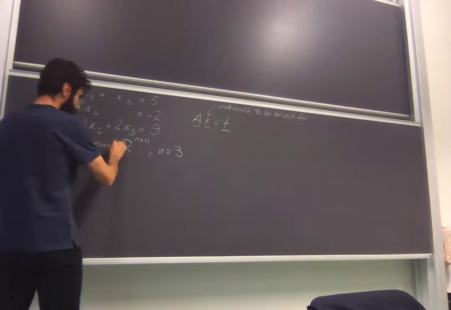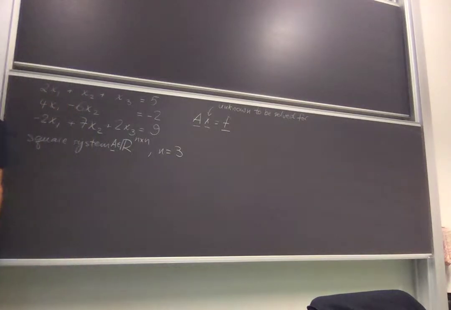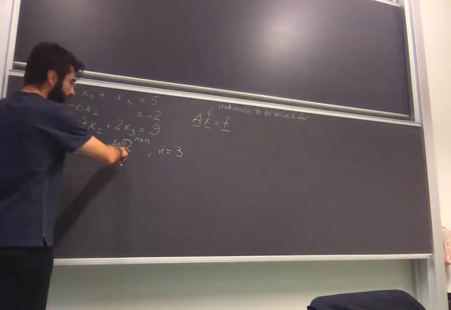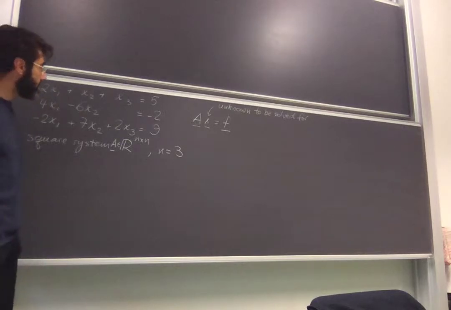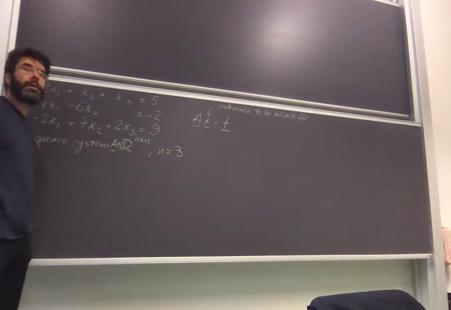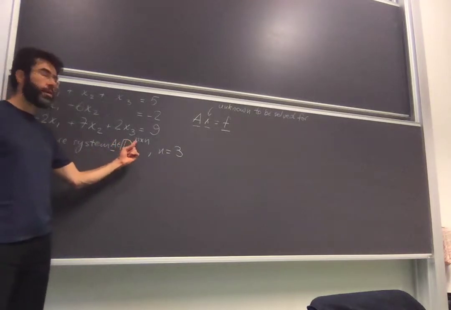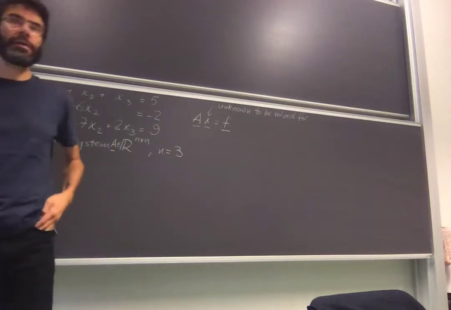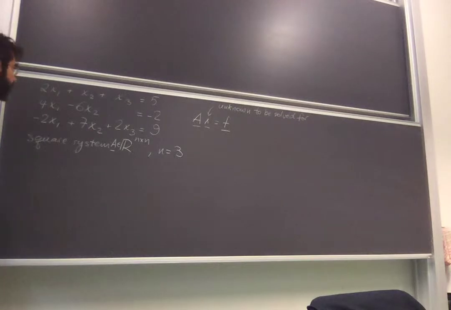So this means that A belongs to this set here. Remember, whenever we write R^(n×m), we mean a set of matrices with real coefficients and with n rows and m columns. So that's the dimension.